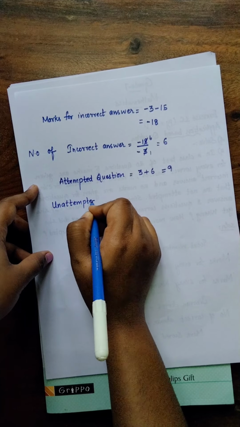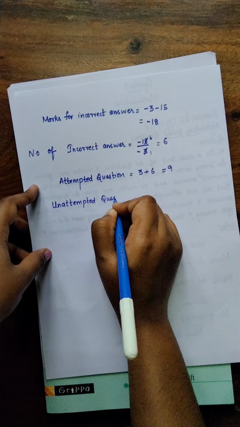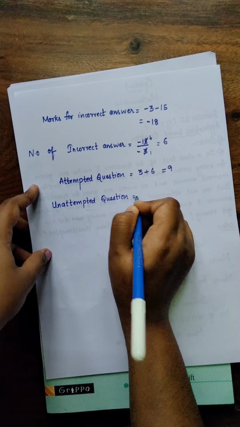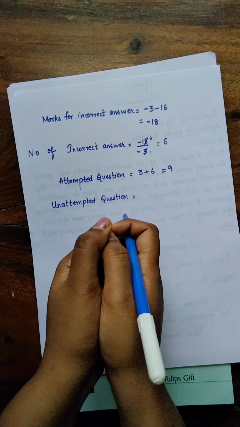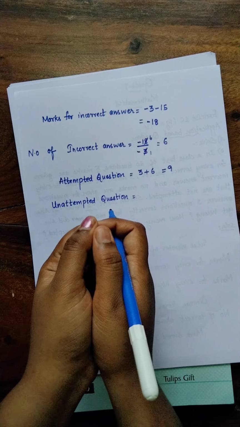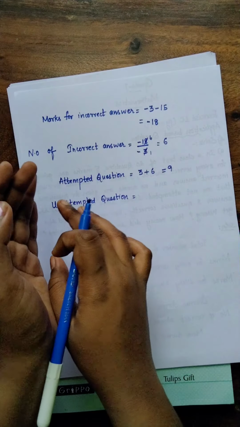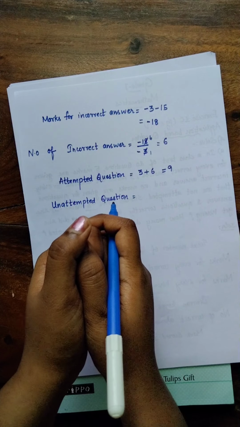Unattempted question. We know the attempted question, right? Next, we are going to find unattempted question. How will you find? Any idea? We know the total number of questions and attempted questions. How will you find?